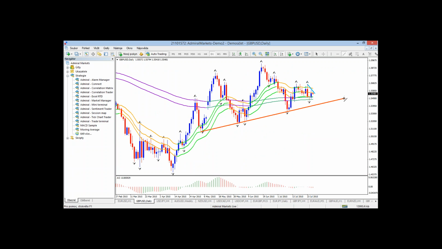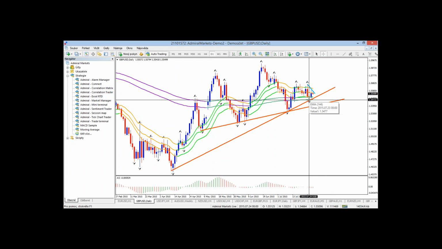This trend line, perhaps? Let's see. Or maybe did you use this trend line? I'm not sure which trend line you mean.